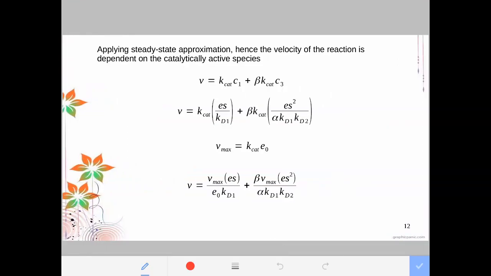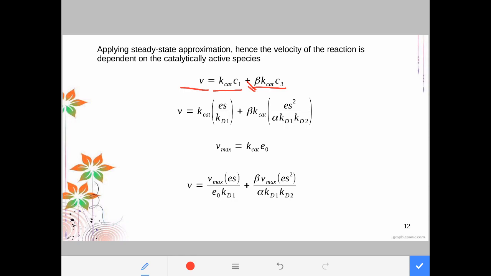So the total rate of the reaction is equal to rate 1 plus rate 2, so k-cat C1 plus beta k-cat C3. Beta is another parameter like alpha. If alpha relates to the effect of the binding of one substrate to another, beta is how we numerically express how one substrate affects the formation of the product of the other substrate.